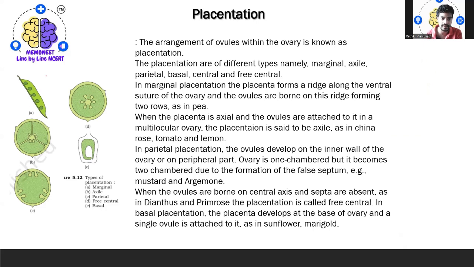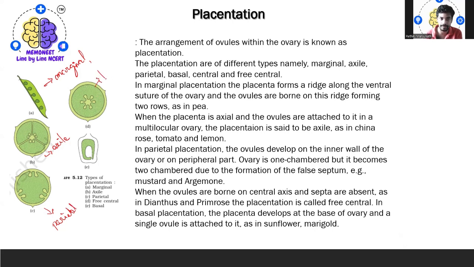So here you can see this. This is marginal. This one will be axile. Then this one is parietal.